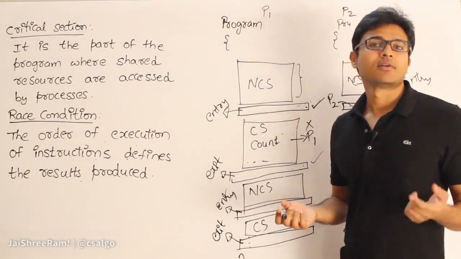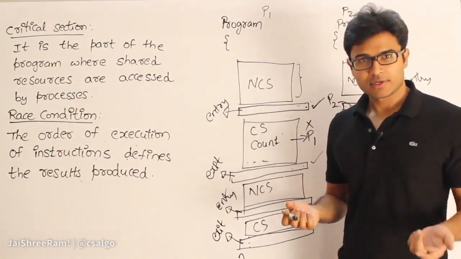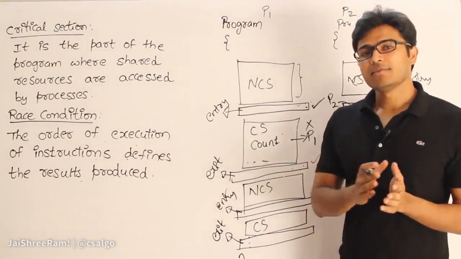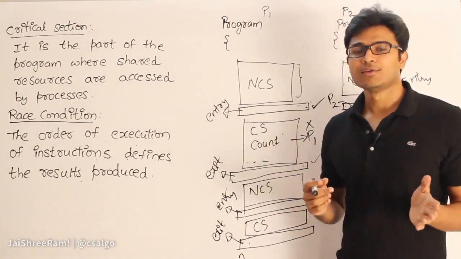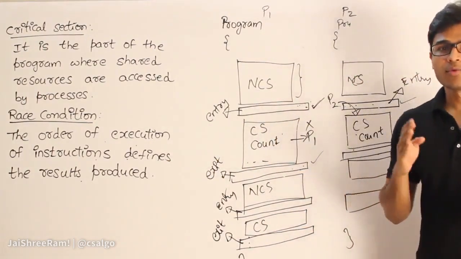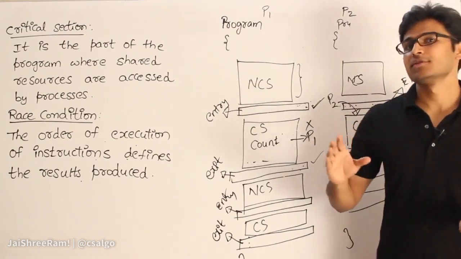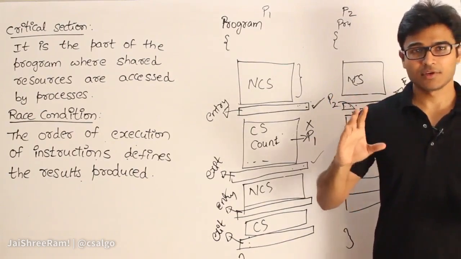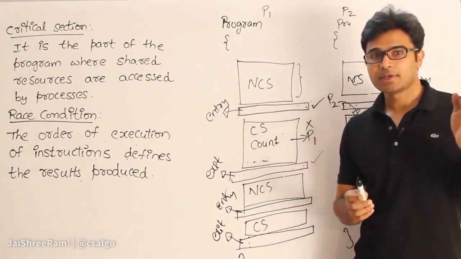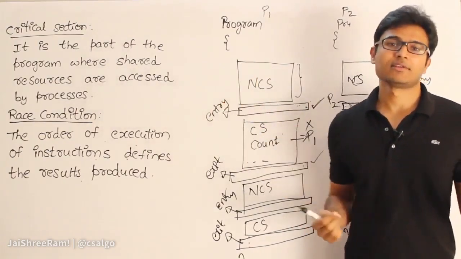And moreover, even though synchronization mechanisms were first invented to solve this race condition, later they have been extended in such a way that using them, we are even able to order the execution of processes, which means we could make the processes behave in a certain way, where P1 executes, then P2, then P1 executes, then P2, like this, right?